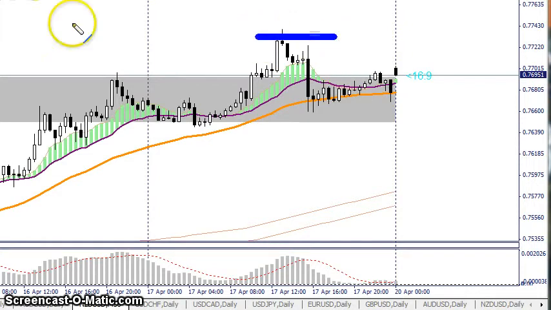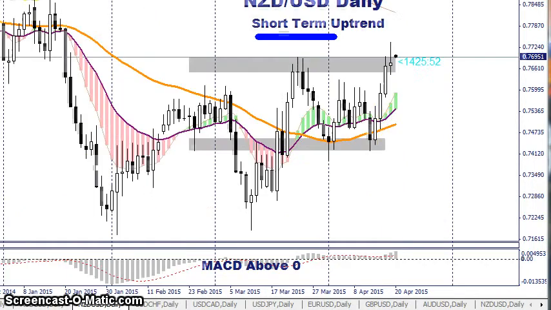This is the previous high. Let me now switch to the daily chart. Okay, there's the daily. So I expect price to go higher, and let me just take a look. I'm going to draw this in right here. There we go. So I expect price to eventually go higher to retest this previous high here.